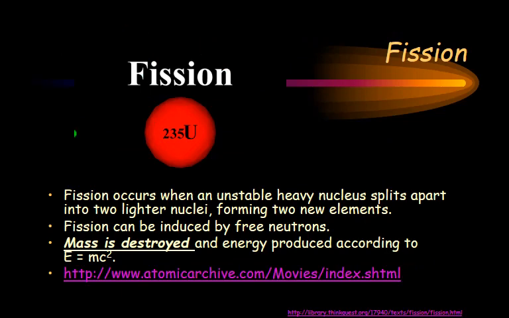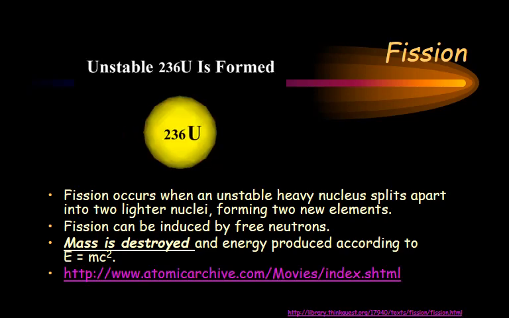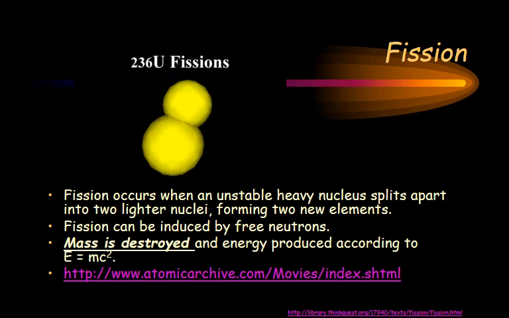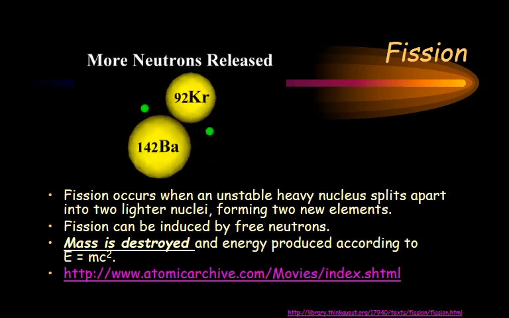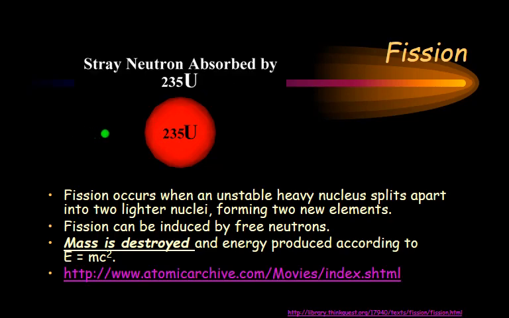All right, so fission occurs when an unstable nucleus splits apart into two lighter nuclei, forming two elements. And we have a good simulation here. This is uranium-235 that has a neutron come into it and breaks up into two smaller nuclei, and neutrons are released. So fission happens when the nucleus is unstable and it splits apart.